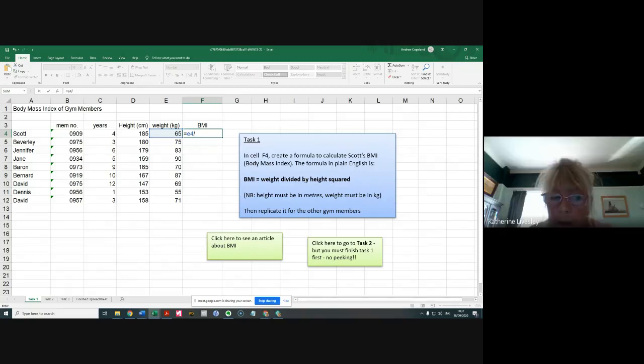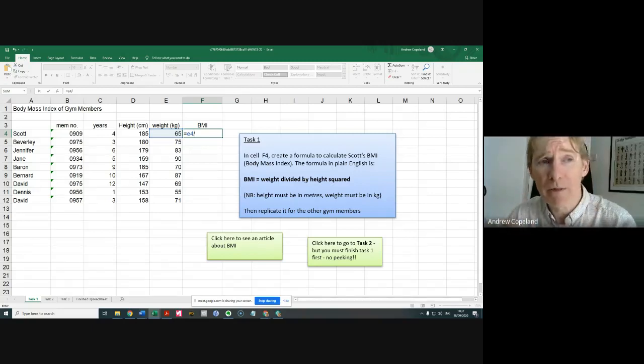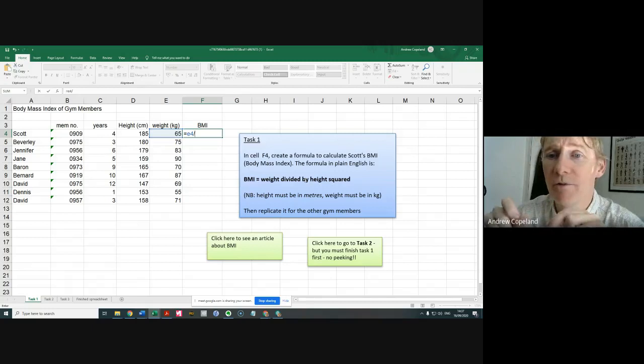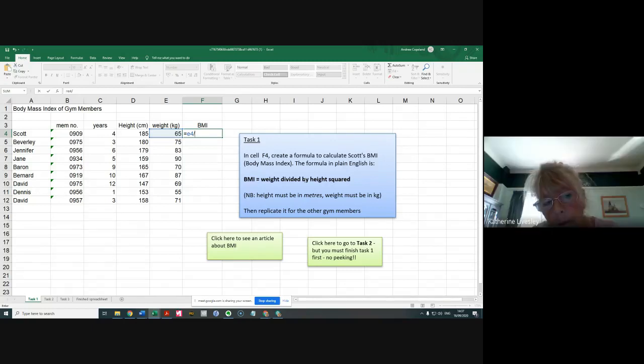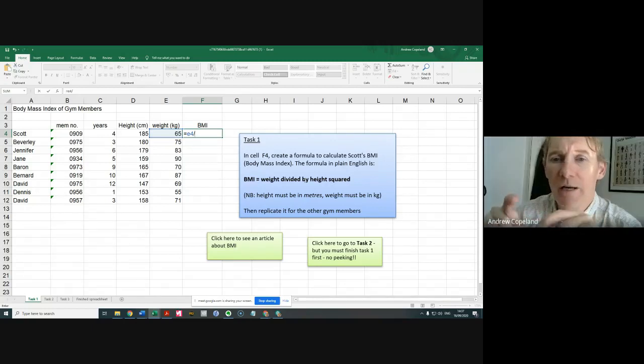We've got to multiply it by itself, but before we do that, we've got to convert it into meters. Now, there's 100 centimeters in a meter, so we're going to have to divide his height by 100 before we multiply it by itself, before we square it, basically. Does that make sense?